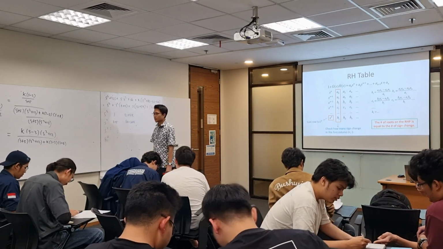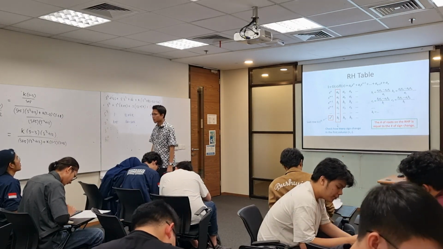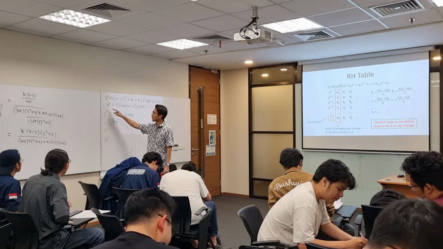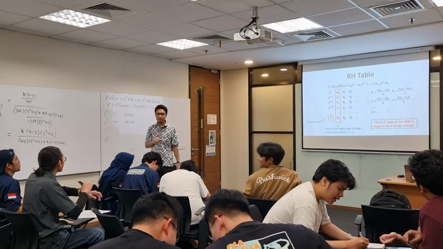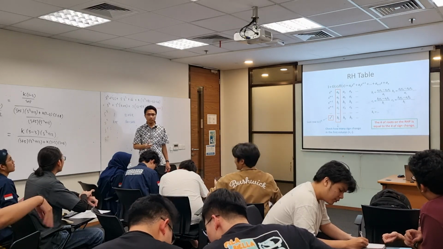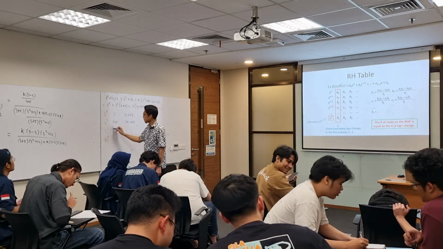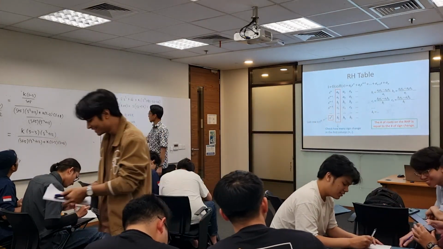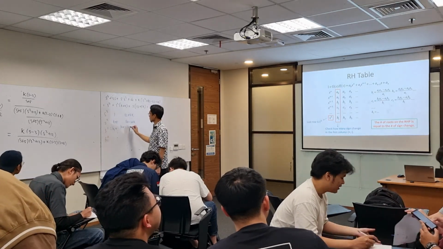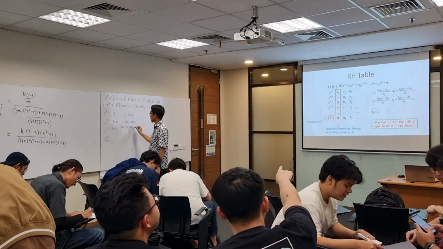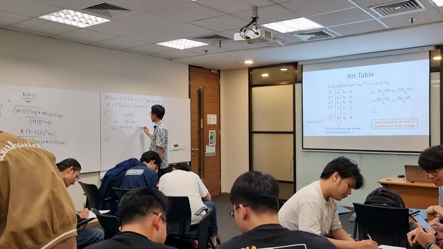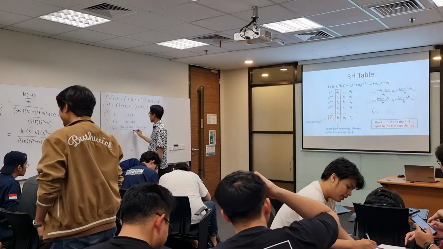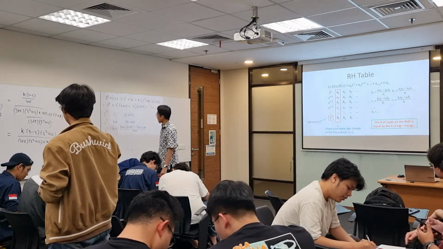No need to simplify. We need to get B1 or C1. No need. That is zero. We'll take over the one.